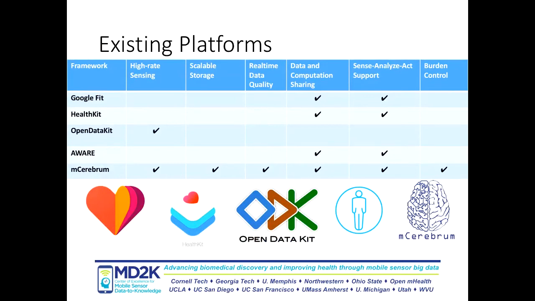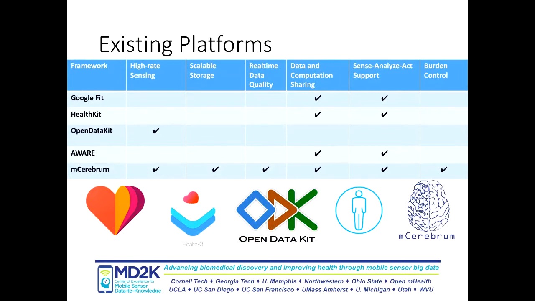The Open Data Kit supports wearable high-frequency sensor data collection, but it doesn't provide facilities to share biomarker data among applications. The AWARE framework can be used to conduct studies to collect phone sensor data, but it doesn't have any native support to collect high-frequency data from wearable sensors.